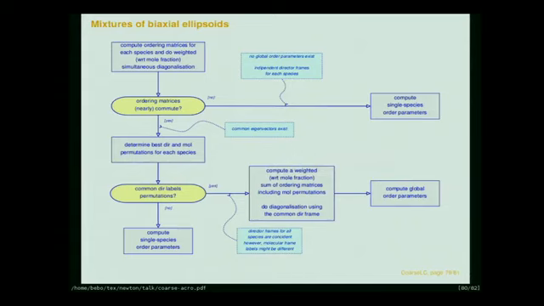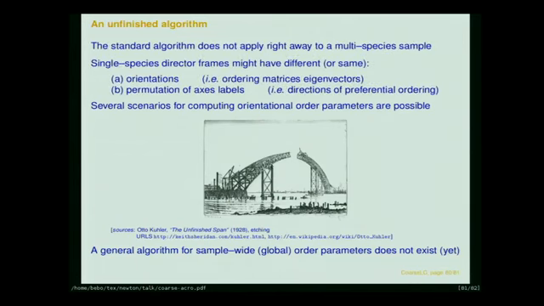So we tried to do something for the mixtures of the biaxial ellipsoids I showed you before, but this algorithm is certainly far from being complete or entirely satisfactory. So I believe that the computation of order parameters in computer simulations, maybe polydisperse systems and these sorts of things, is still something that is missing, and it is something that requires more work to do, and I think that maybe this is the right audience for raising the problem.